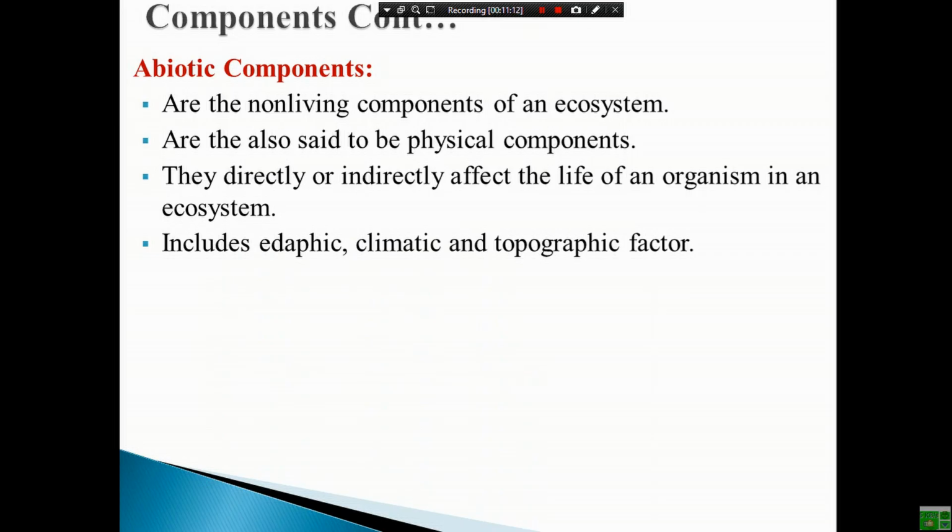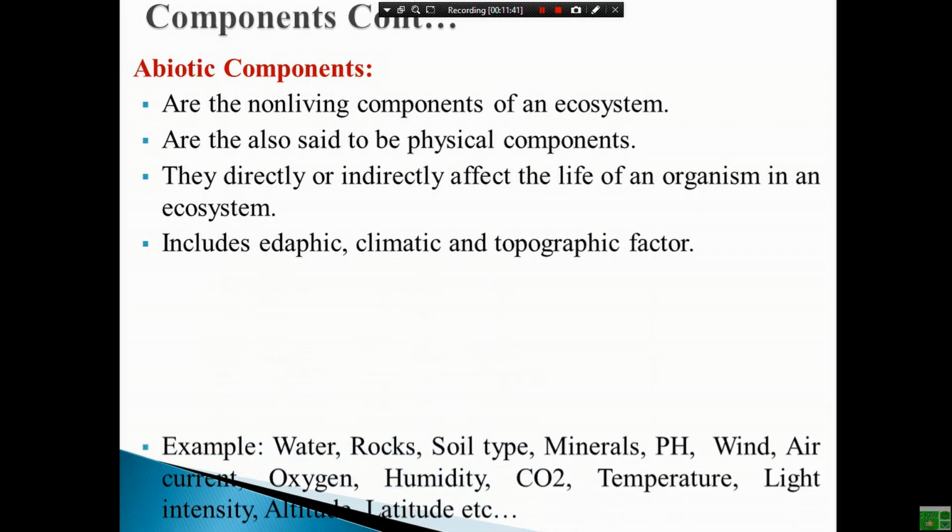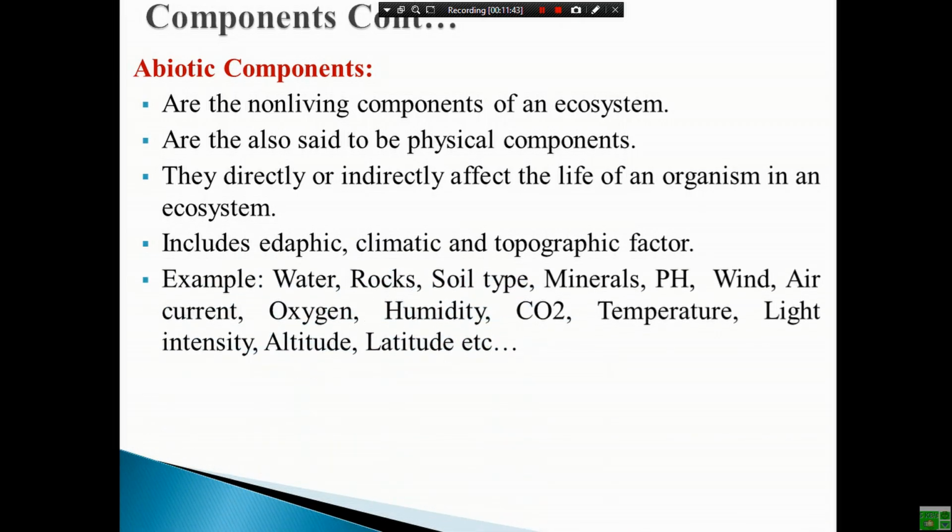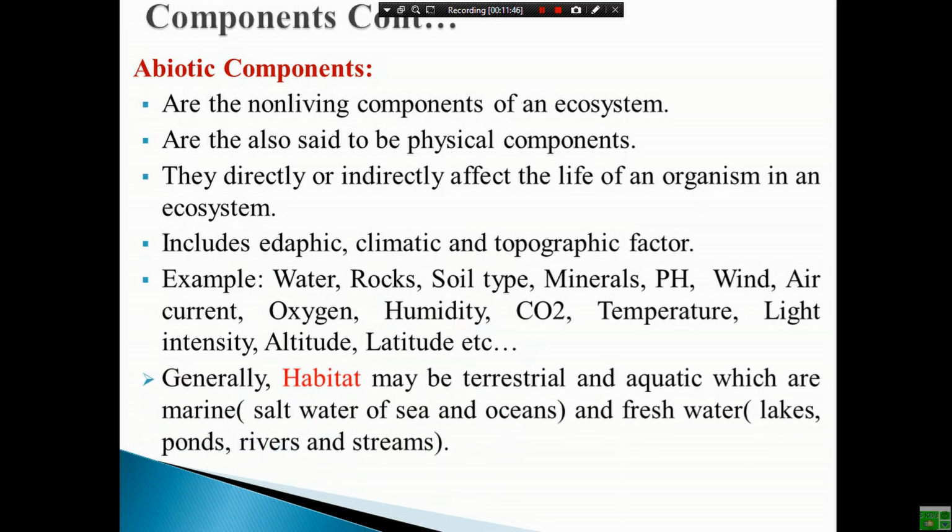Those abiotic components include edaphic factors like soil, pH, mineral salts, and trace elements, and climatic factors like temperature, sunlight, oxygen, carbon dioxide, humidity, wind, and air movement. Topographic factors, which are altitude and latitude, are also included in the abiotic component. Those are the examples I have listed before.